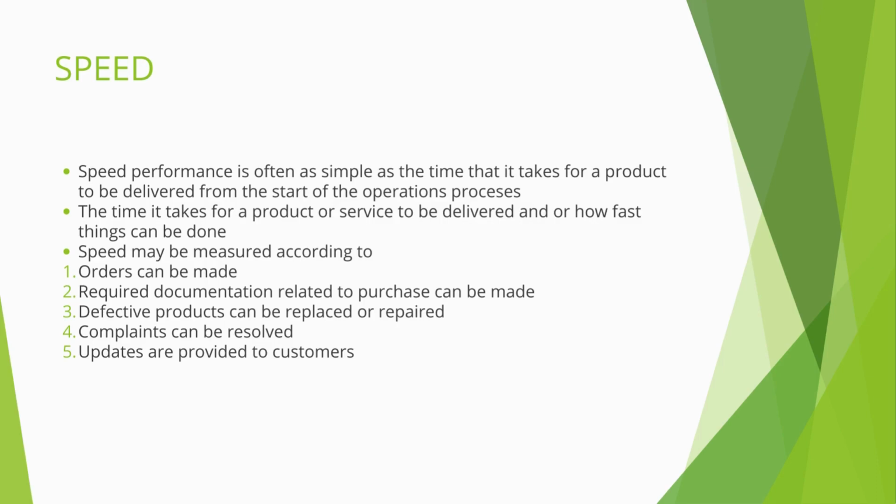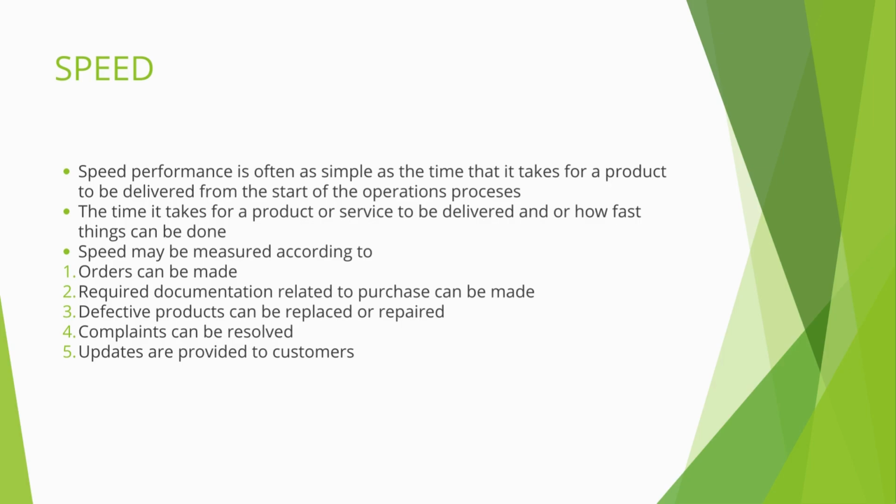We also have speed as one of our performance objectives. Speed performance is often as simple as the time that it takes for a product to be delivered from the start of the operations process. So the time it takes for a product or service to be delivered or how fast things can be done basically describes speed.